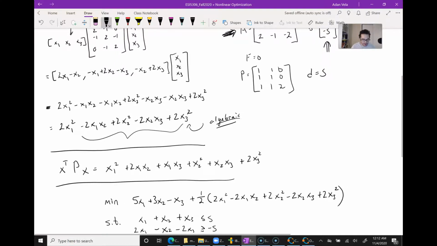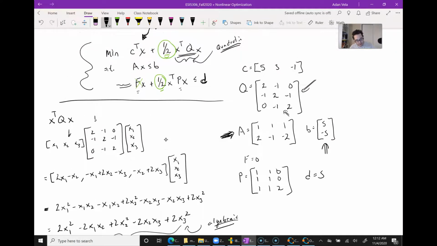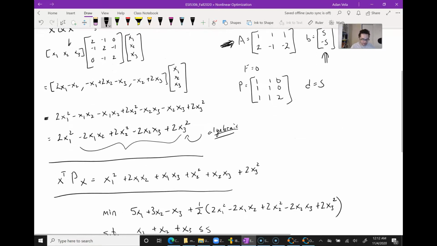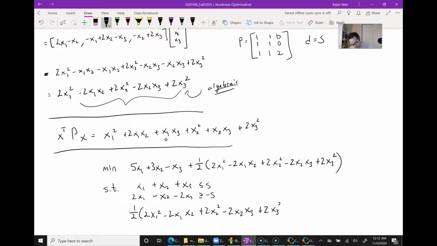And lastly, we have this quadratic constraint, which we can write as 1/2 times 2x1 squared minus 2x1 x2 plus 2x2 squared minus 2x2 x3 plus 2x3 squared.